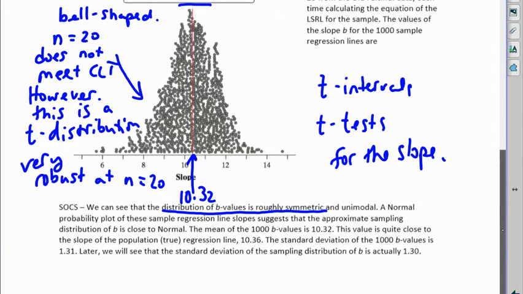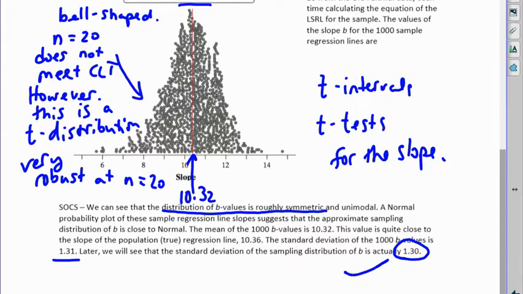And then if we look at the standard deviation of these 1,000 values, which we're going to look at later, we'll see that the standard deviation of this sampling distribution is 1.30, even though when you do the standard deviation of these values, you get 1.31.